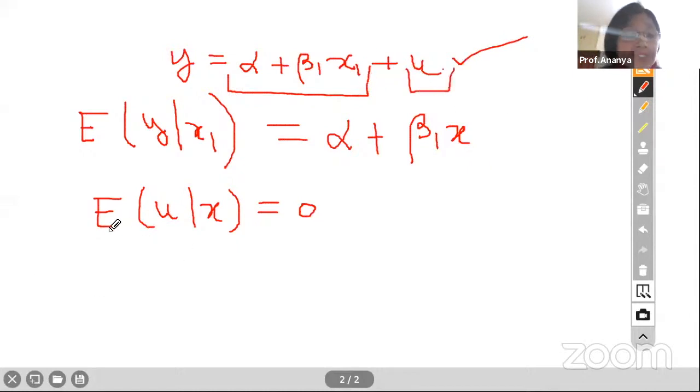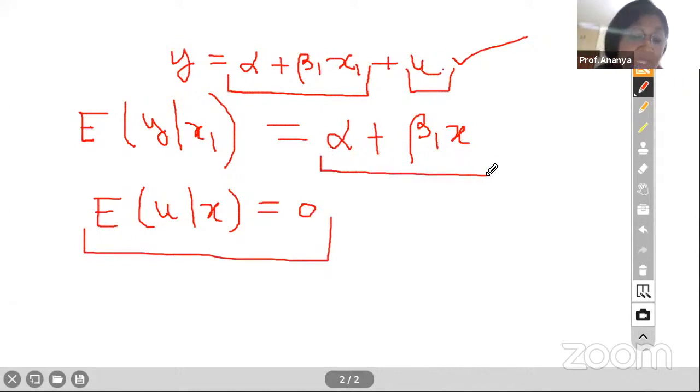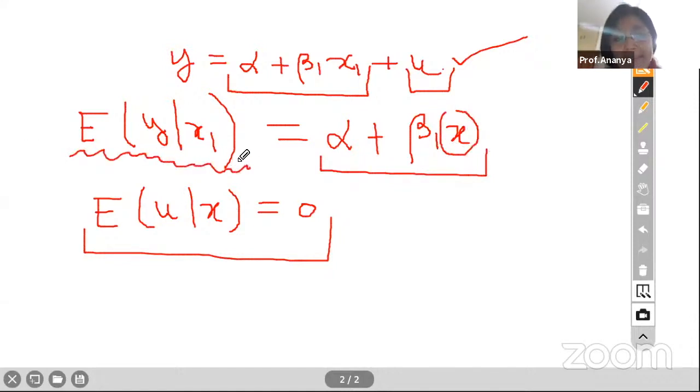And the random part of x on average goes to 0, so that there is a straight line relation, alpha plus beta x, between x and the average value of y. So this is what we are estimating each time that we are estimating a regression equation.